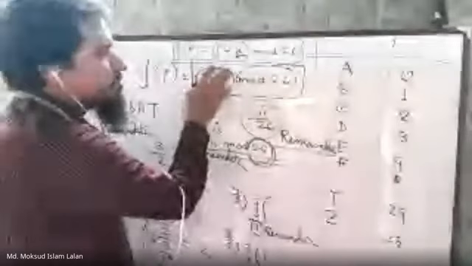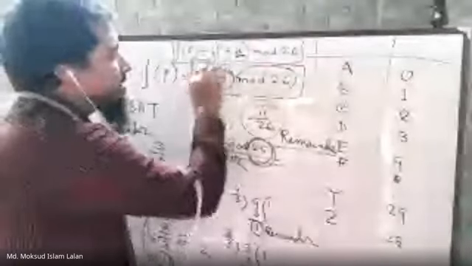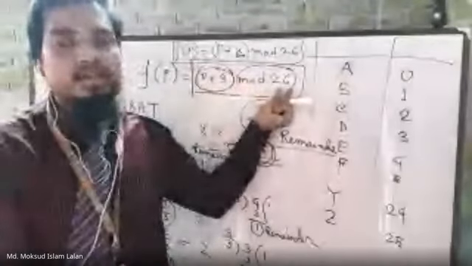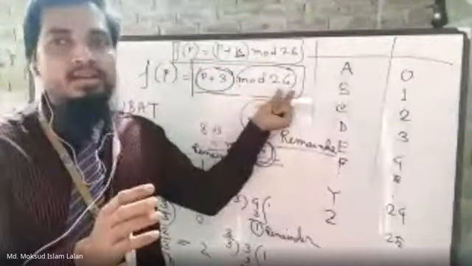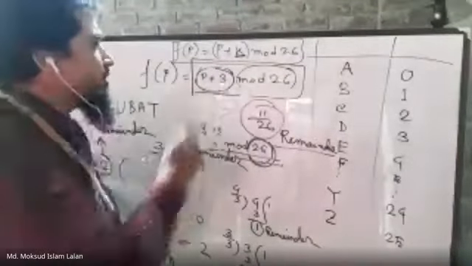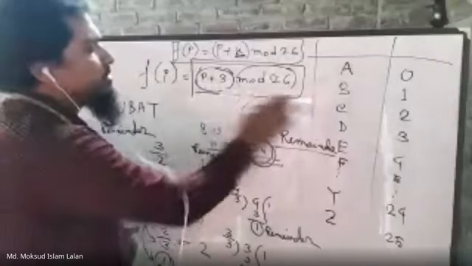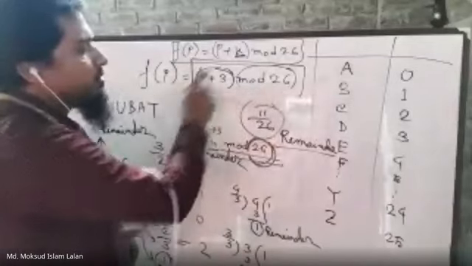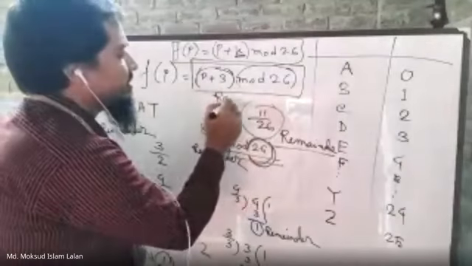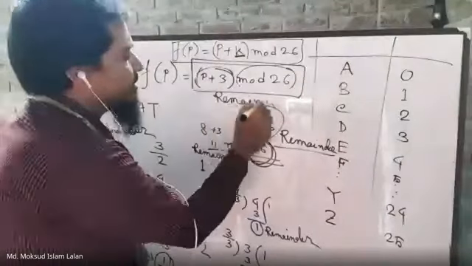After performing the operation, divide the result by 26. After dividing, just write down the remainder. Whatever you get, you should write as the remainder. This means remainder. Do you understand?